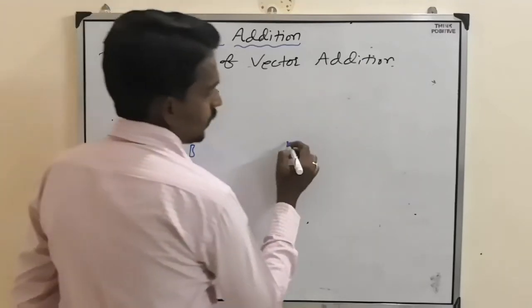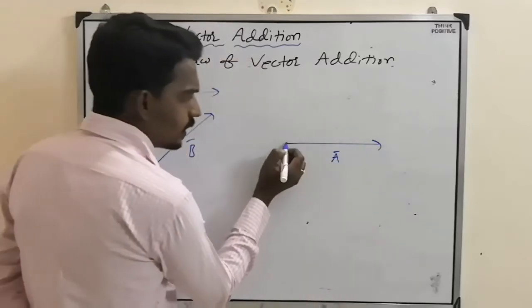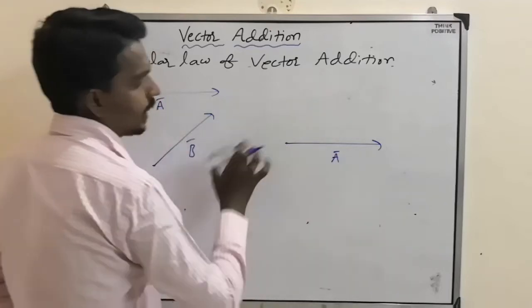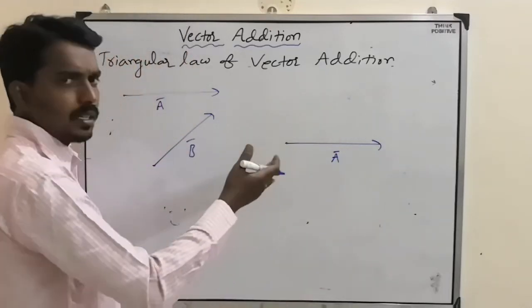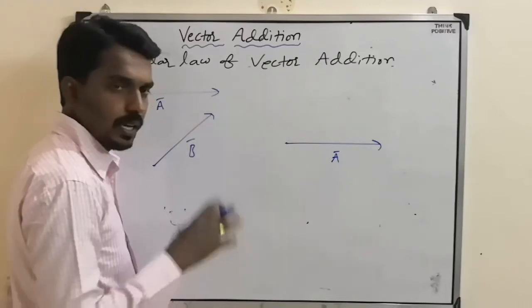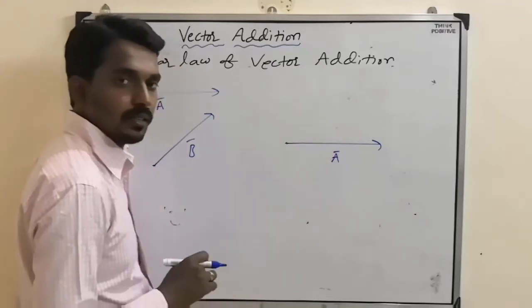Suppose this is A bar. Now this is the initial point, this is the final point. Keep the magnitude the same, direction the same. You can draw the vector anywhere on the board, anywhere on your paper, but you should not change the magnitude and direction.